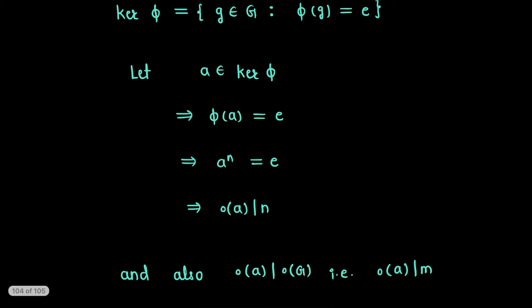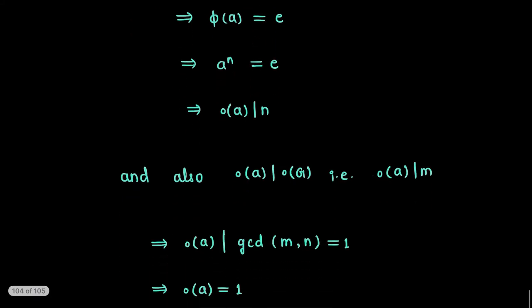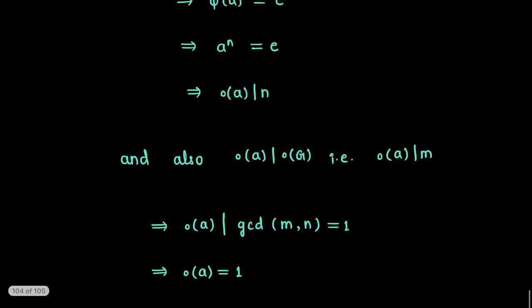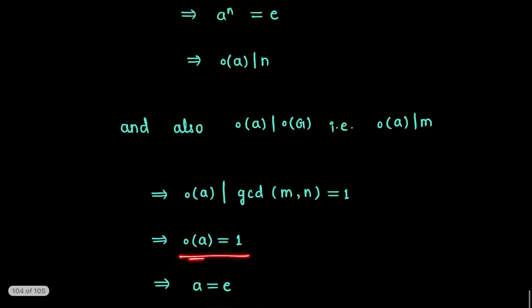Now also from Lagrange's theorem, the order of a will divide the order of group G, that is, the order of a will divide m. Then the order of a will divide the GCD of m and n, since the order of a is a common divisor of m and n, so it will divide the greatest common divisor of m and n. But we know that the GCD of m and n is 1, therefore the order of a will be a divisor of 1, and thus we must have the order of a equal to 1.